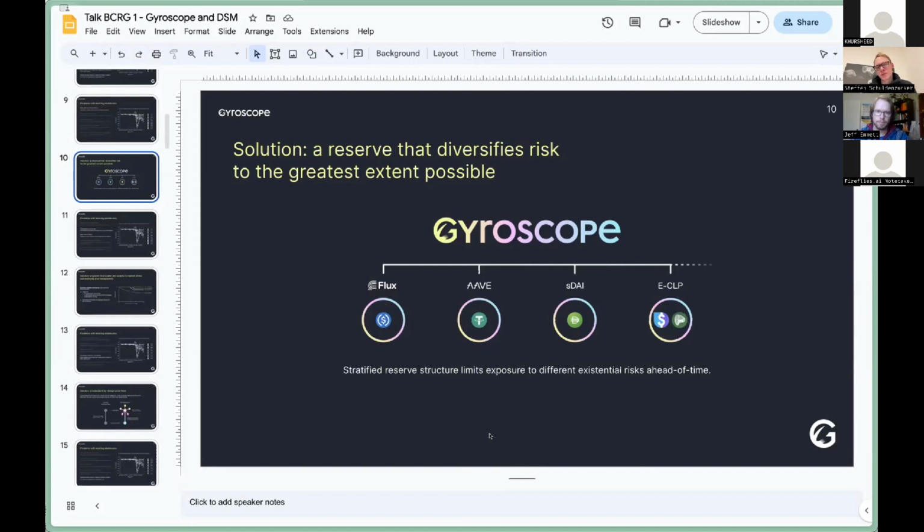And then think about the different risks that they are exposed to. This is certain price risk, of course, collateral risk, but then also geographic and regulatory risk. So for example, one diversification choice was USDC is US-based and Tether is not. So there's some geographic diversification there.